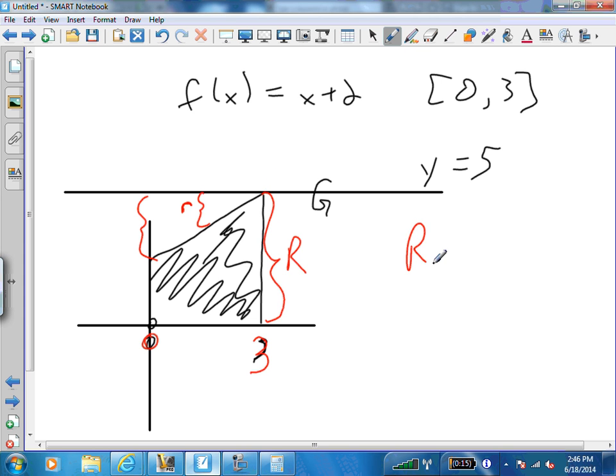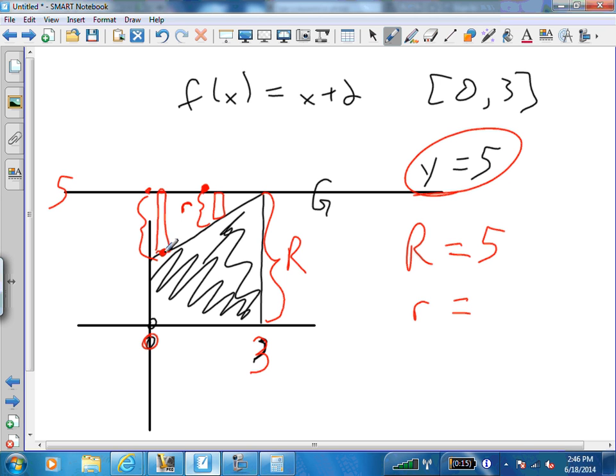Well, let's look at our outer radius. What is this distance? 5. Our inner radius is this distance, which is just this y value minus this y value. This y value is a constant. Whether I pick my rectangle here or here, this y value is 5.